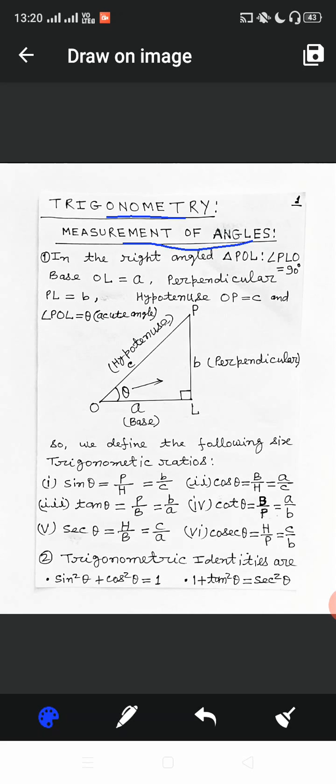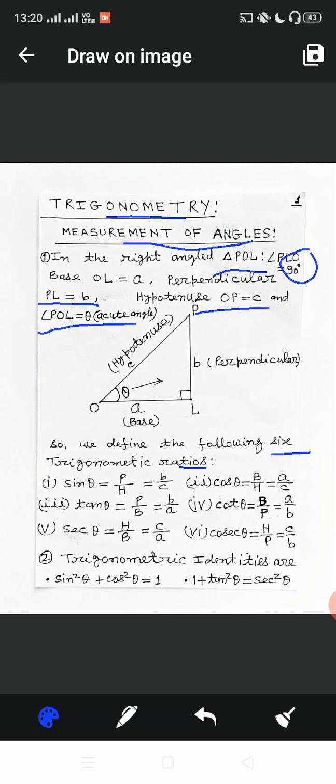In the right angled triangle POL, angle PLO is equal to 90 degree, base OL equal to A, perpendicular PL is equal to B, hypotenuse OP equal to C, and angle POL is equal to theta, that is an acute angle. So, we define the following 6 trigonometric ratios.